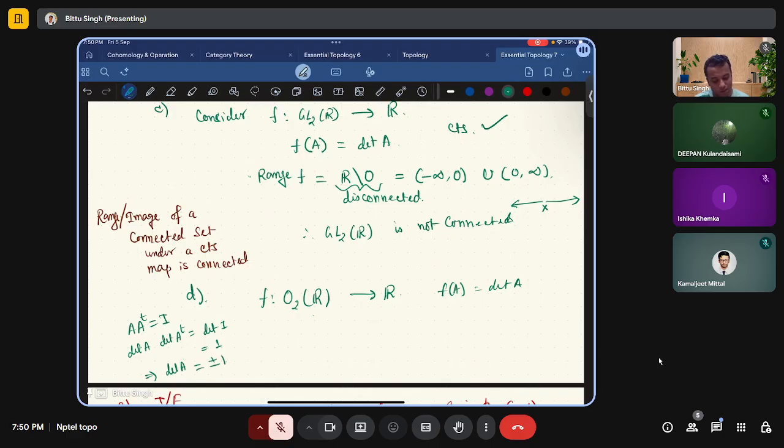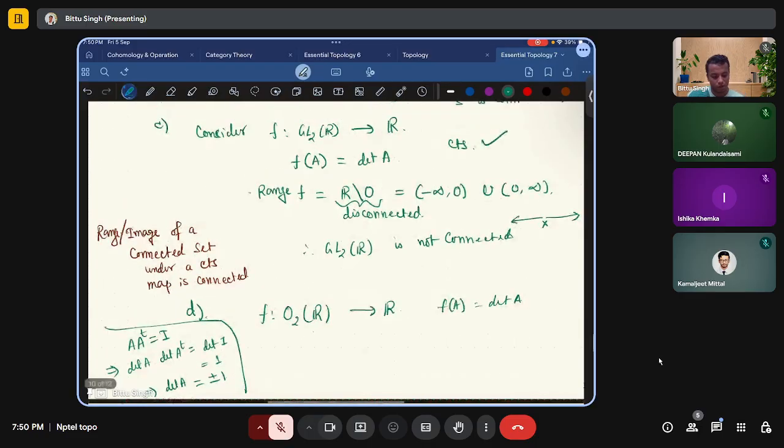That is, determinant of A is plus minus 1. And moreover, plus 1 has a pre-image: identity, determinant of identity is plus 1. Determinant of minus identity is minus 1. Right? So range of this function f is precisely plus minus 1. There will be 2 points, plus 1 and minus 1.